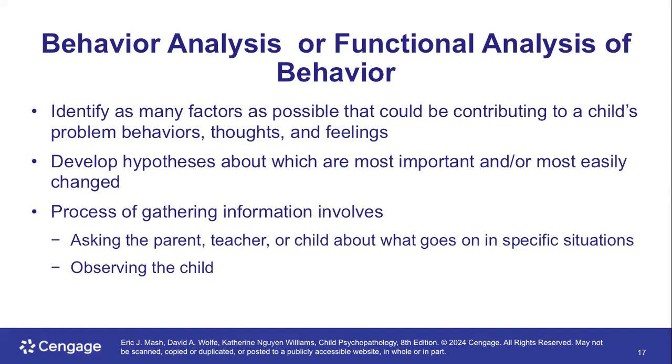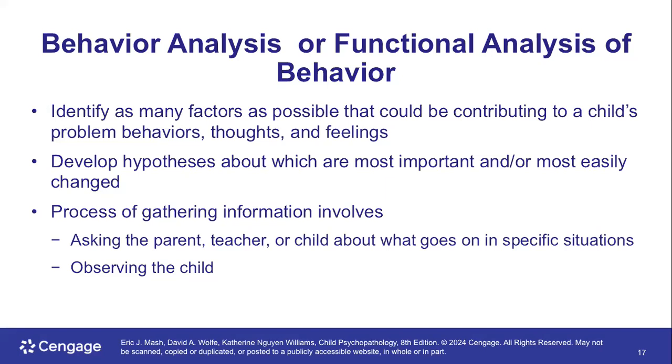Now, we gather information from the parent, the teacher, or the child, and we also gather information through observing the child. Now, I said we do a clinical interview as well. Why are we doing the clinical interview? Well, that's to get the background information. But one of the problems with clinical interviewing is that people lie.